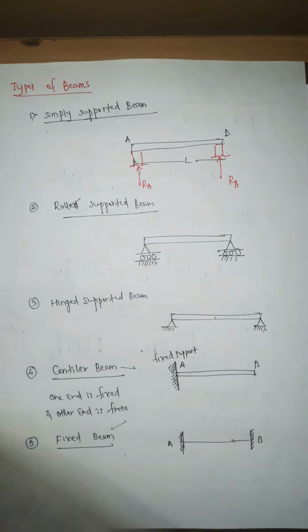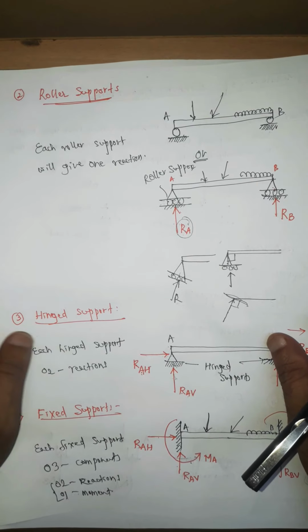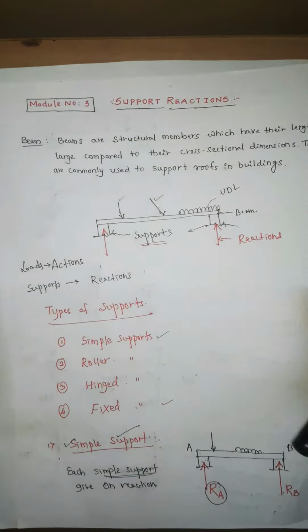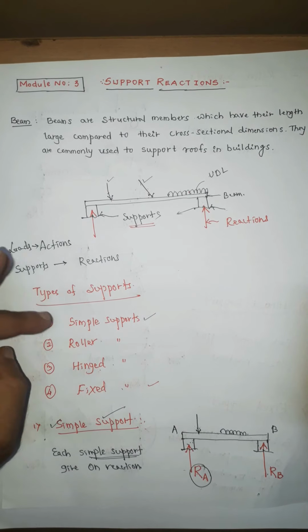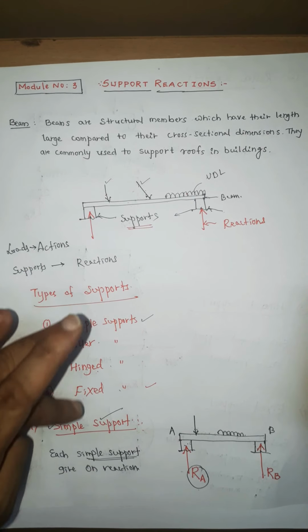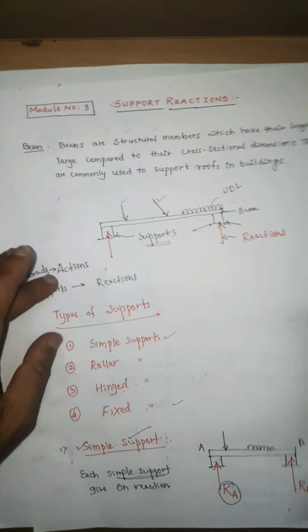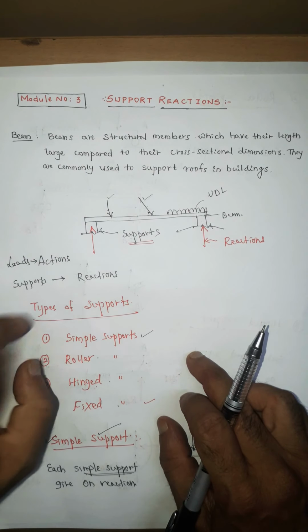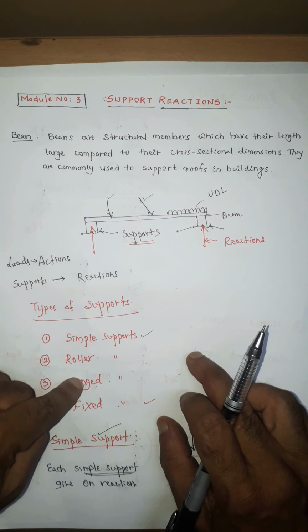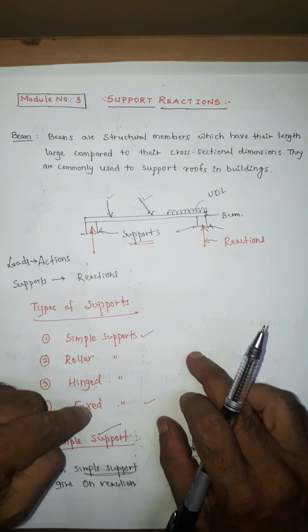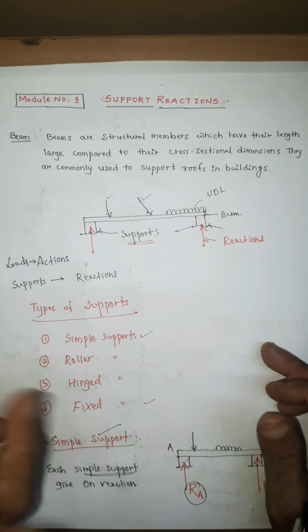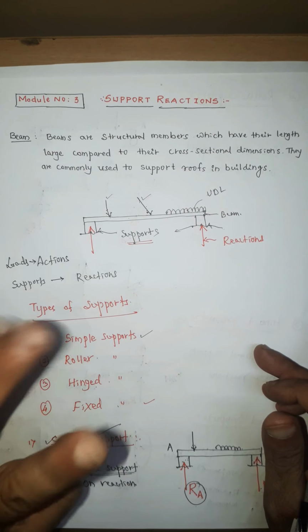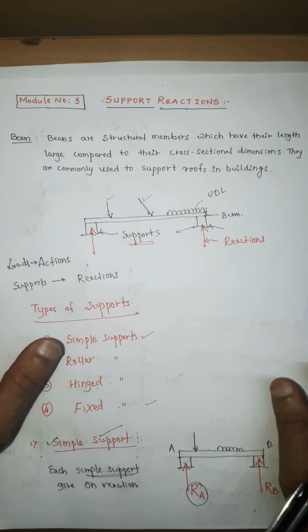The supports are simple support, roller support, hinged support, and fixed support. Simple support gives one reaction, roller support gives one reaction, hinged support gives two reactions, and fixed support gives three components, that is two reactions and one moment. I hope you understood.